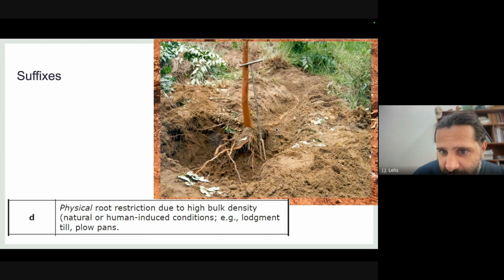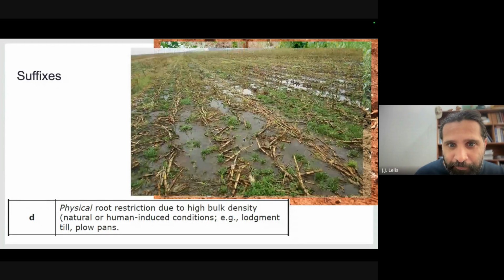Here you can see very easily how the roots are not growing very well in deeper horizons, but are just growing in the horizontal way. And this is quite bad, especially for trees, because they cannot easily support wind erosion and wind strength.